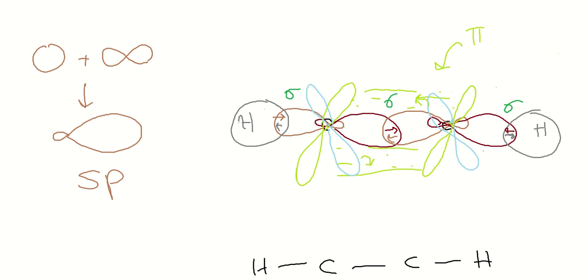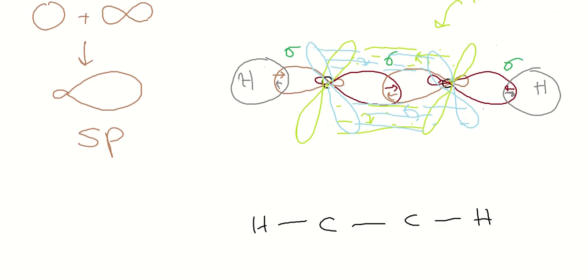This is not the easiest thing to draw. It's three-dimensional, but they're all 90 degrees away from each other, and so there's that region between those py's, and there's going to be an electron in there somewhere. There's going to be an electron there somewhere, and that is going to form your two pi bonds. There's one there, and there's one there. Pi bonds.